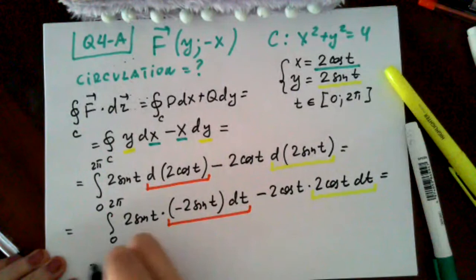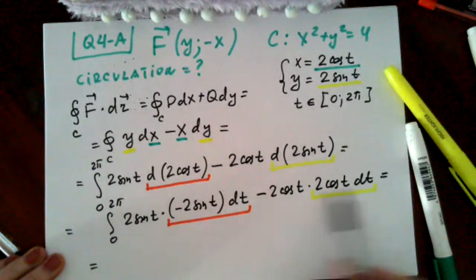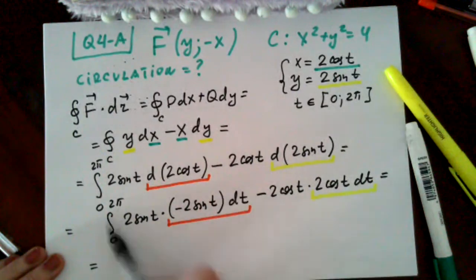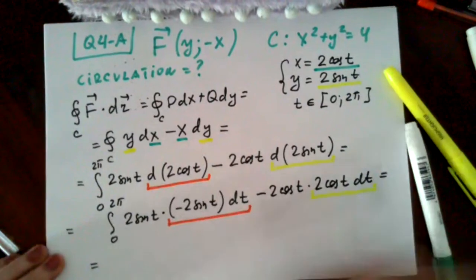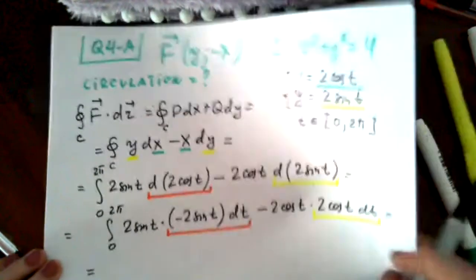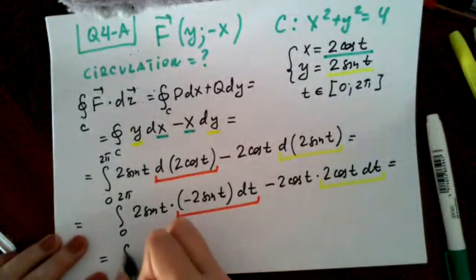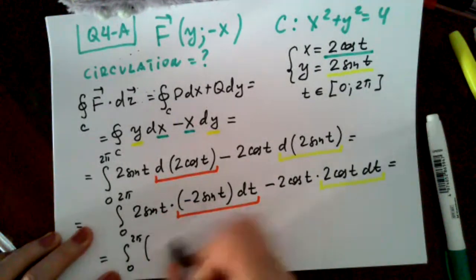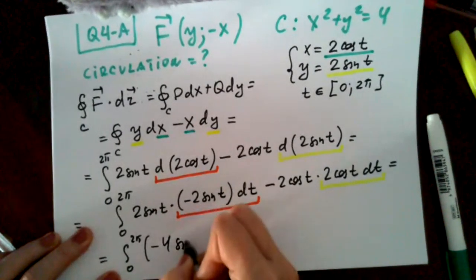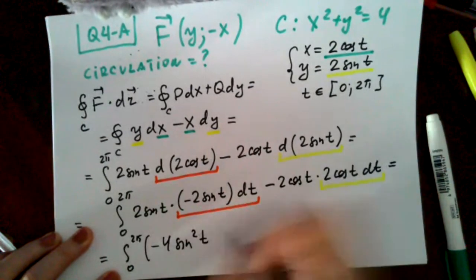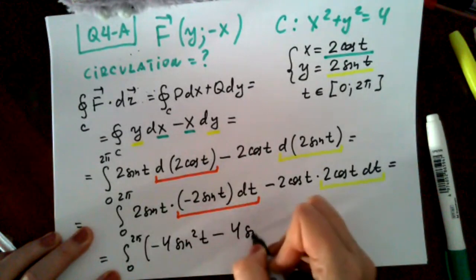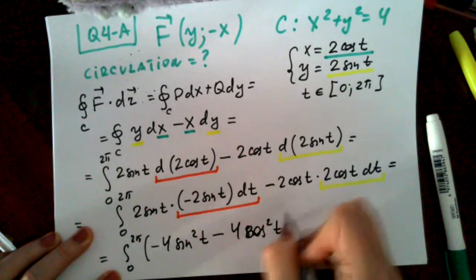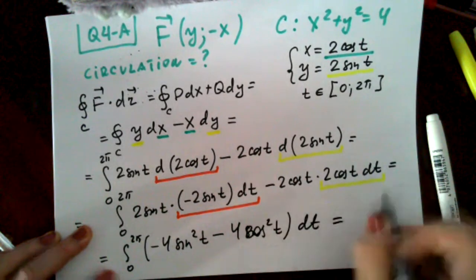Okay, so now what do we have? We can pull dt out of these two big terms, the first term and the second term, the red term and the yellow term. And also we can do some simplification along the way. So the first term will be minus 4 sine squared of t. The second term will be minus 4 cosine squared of t, and dt is pulled out.